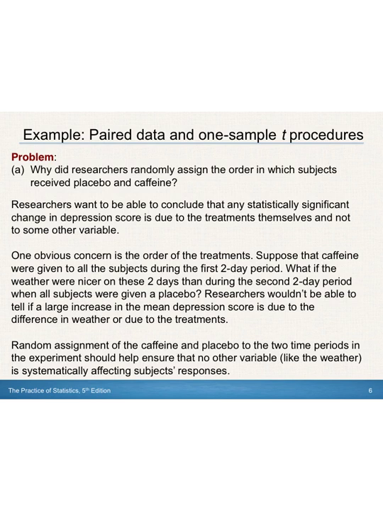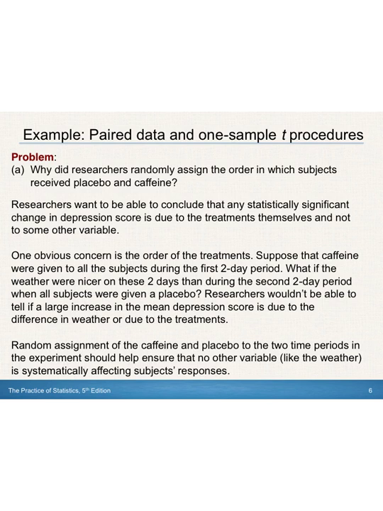A little reminder: why did the researchers randomly assign the order in which the subjects received the placebo and caffeine? They wanted to be able to conclude that any statistically significant change in depression was due to the treatments themselves and not some other variable. So the obvious concern is the order of the treatment. Suppose the caffeine was given to all the subjects during the first 2-day period.